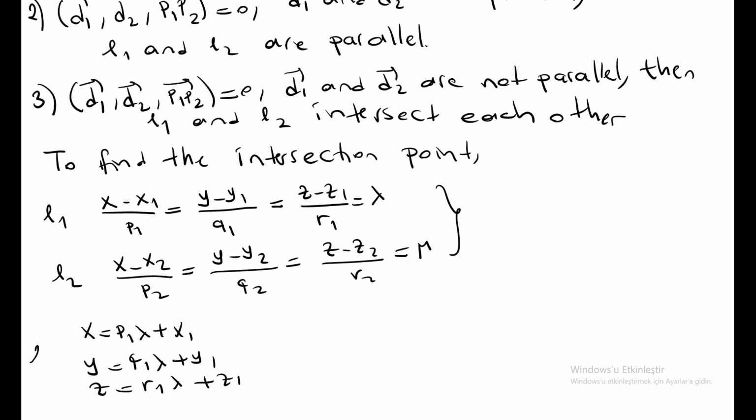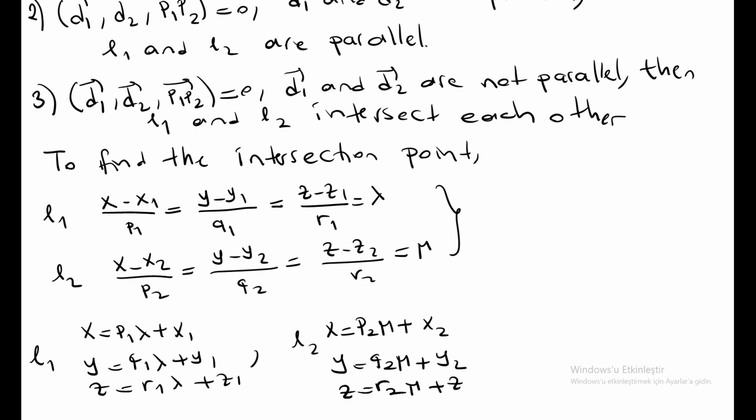This is line L1, the first line. Second line will be parametric equations, p2 times mu plus x2, this is the x, y becomes q2 times mu plus y2, and z will be r2 times mu plus z2.